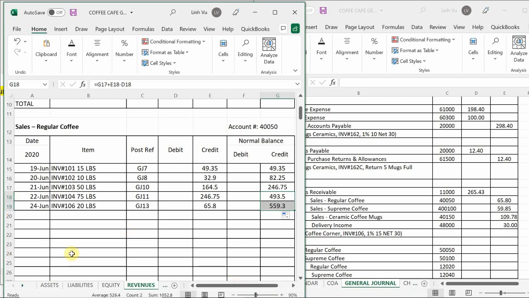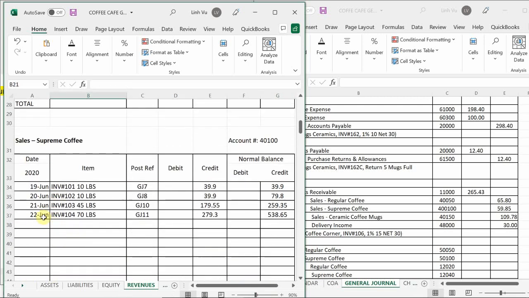Okay, Supreme Coffee. How many pounds did we sell to Katie? 15. 459.85.